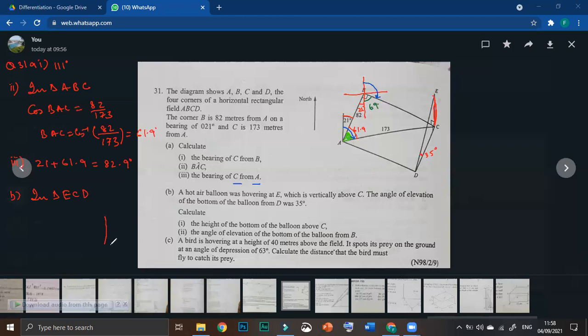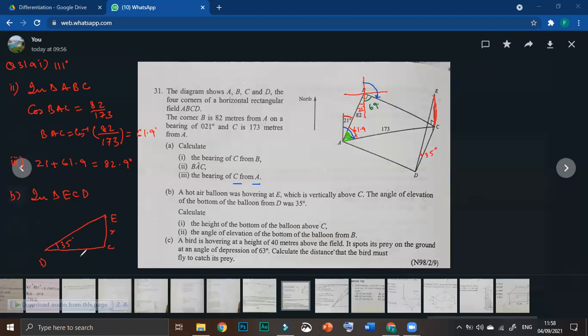CE is vertical. It is given that ABCD is on the horizontal ground, so CD is horizontal. This angle at D is given, 35 degrees. We want to find out the height of CE, x.